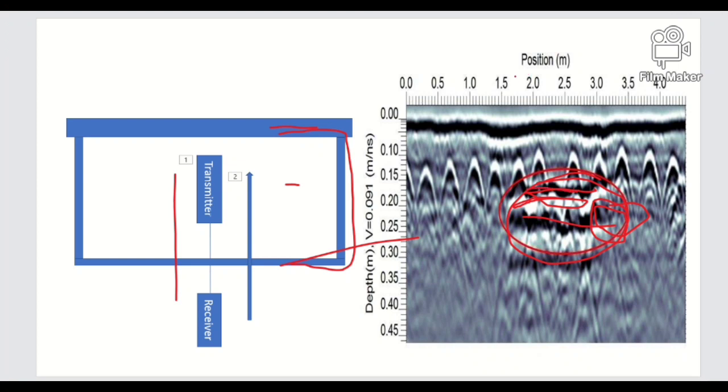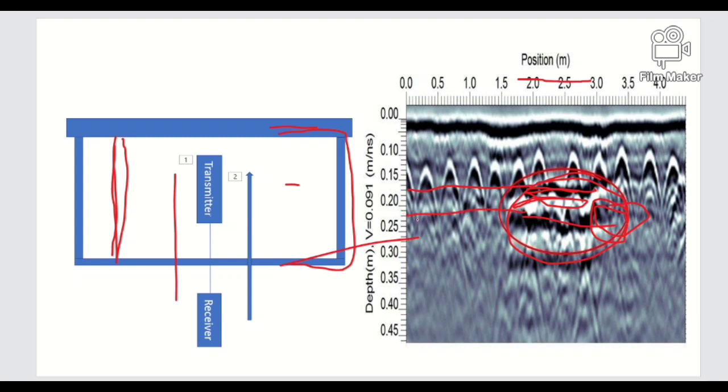Also, if we want to survey this building through the GPR, here we can determine the depth of the slab, top to bottom. Here this is the depth of the top layer and bottom layer, and this gives the depth of the top layer.